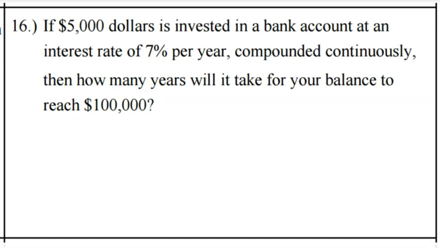Okay, so what's our rate going to be? Well, our rate is 7%. And that's going to be 7 divided by 100, which is 0.07. And our formula is going to be starting value, P sub 0, times e to the power of r times t, is equal to P at time t.